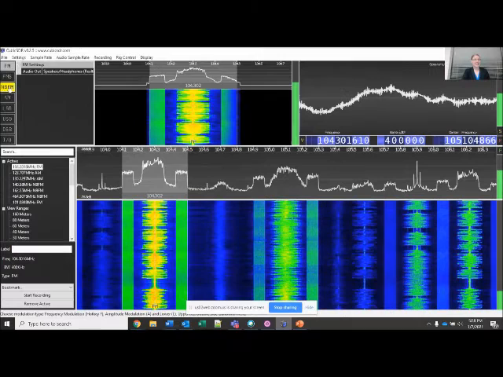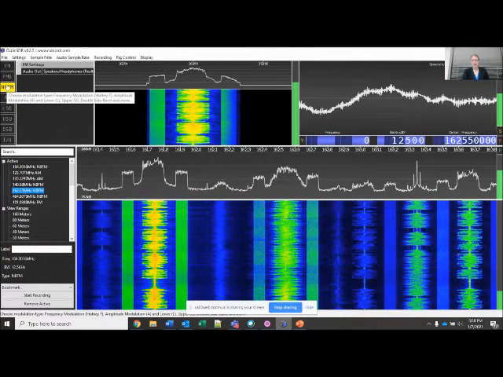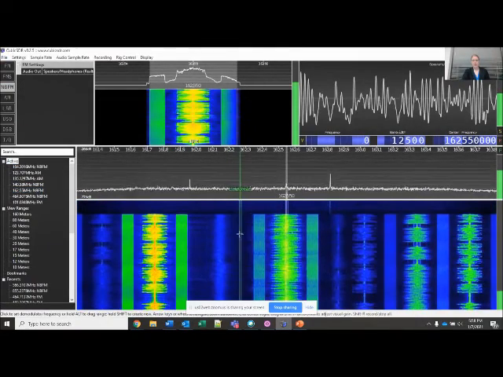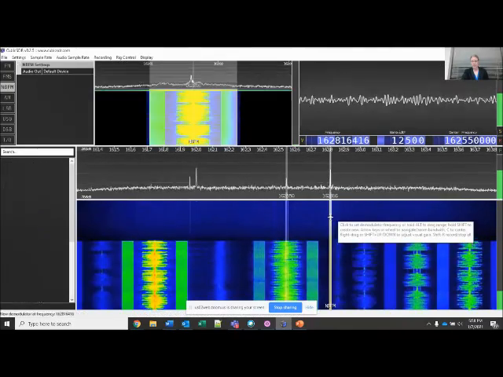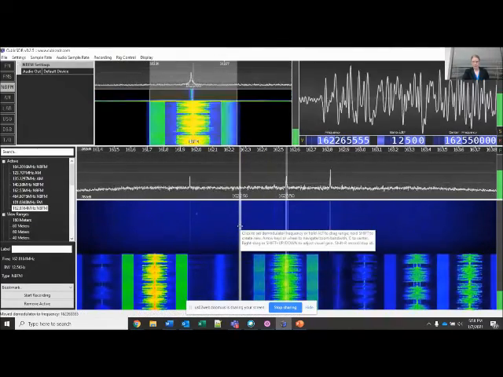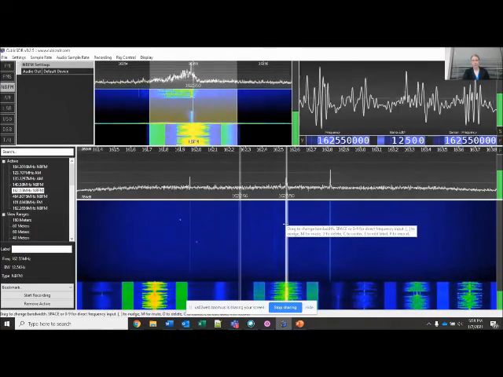But what I can get is, if I go up to 162.5, so up in the short range, we go to narrow band, and then start my device again. Now again, this signal is pretty faint, but this is the NOAA weather station for Boulder.